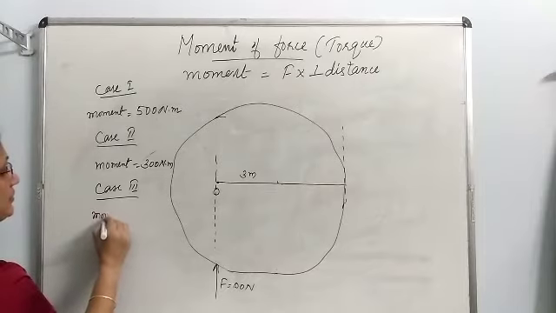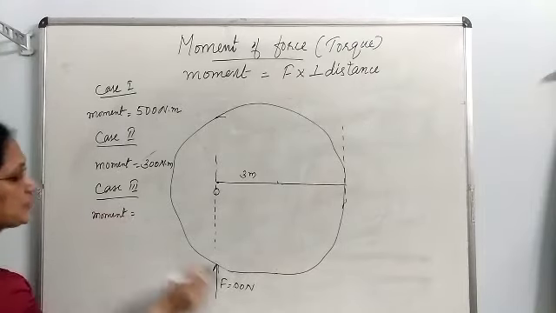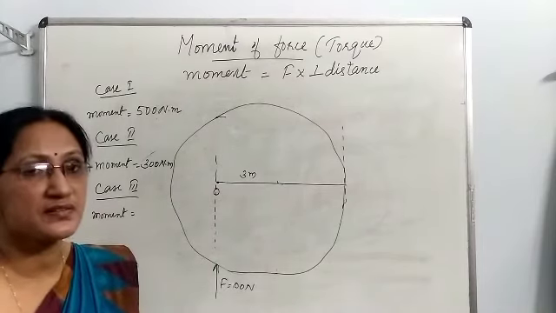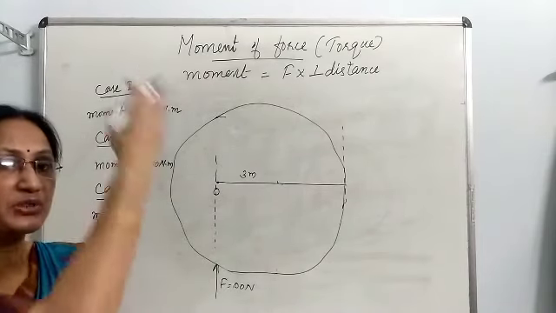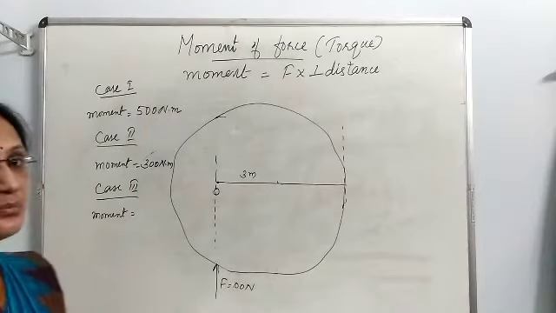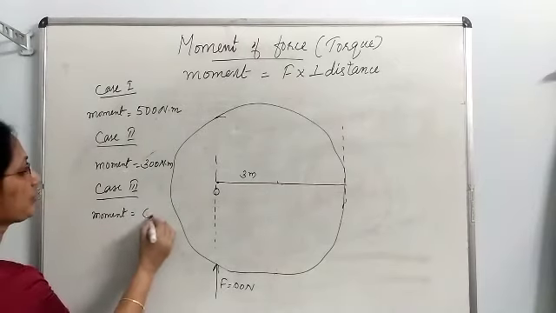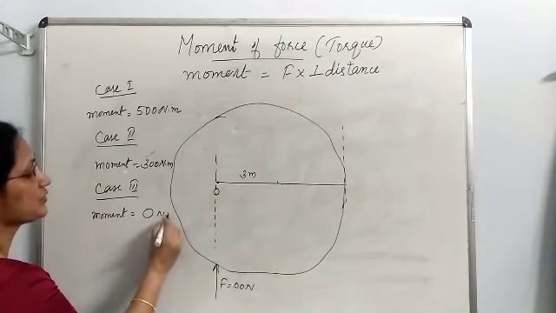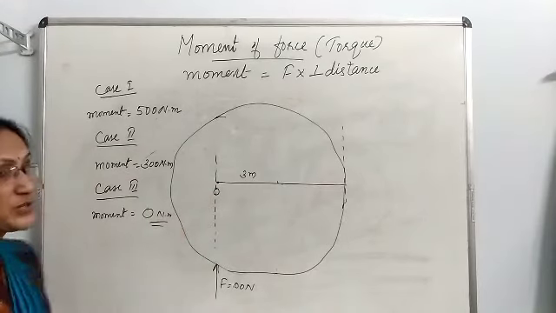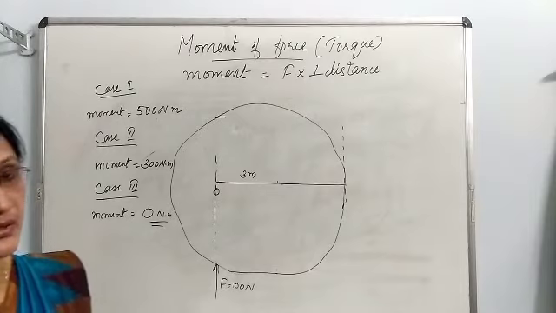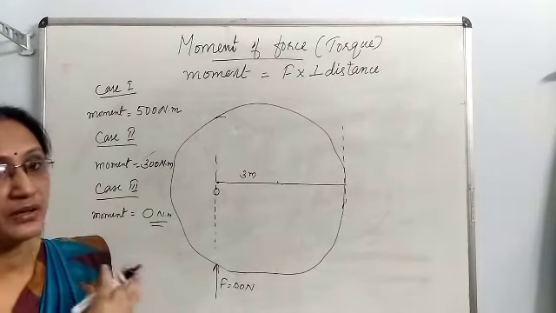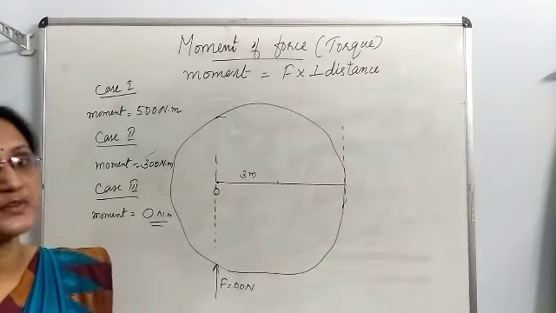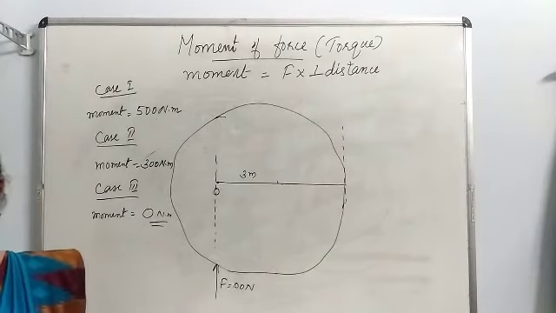So, moment will be force into perpendicular distance. Here, perpendicular distance is 0 because the line of action of force is passing through the turning point or pivoted point. So, moment is 100 into 0, perpendicular distance 0. So 0 Newton meter means this force will not produce any moment. Important point to remember, if any force passes through the pivoted point, that force cannot produce any moment.